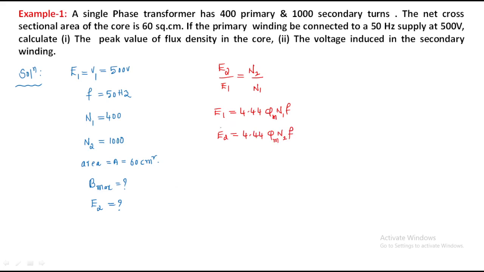From this we can calculate E2, and phi is equal to B into area. These are the required formulas to calculate the required data. So from the given data we have to calculate the required data, that is Bm and E2.